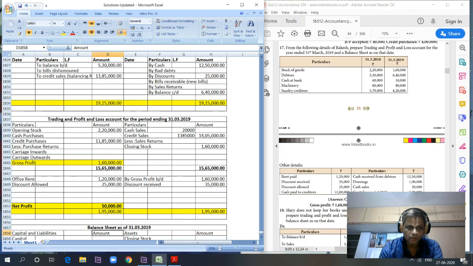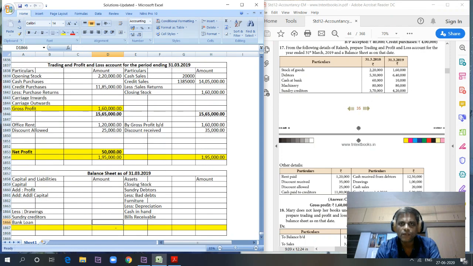Now let's prepare the balance sheet. Capital and liabilities. We have opening capital. Opening capital was 5,20,000. Then we have profit, which is 50,000. Add profit, which is 50,000. And do we have drawings here? Yes, we do have drawings here. Adjusted closing capital is equal to 5,70,000.